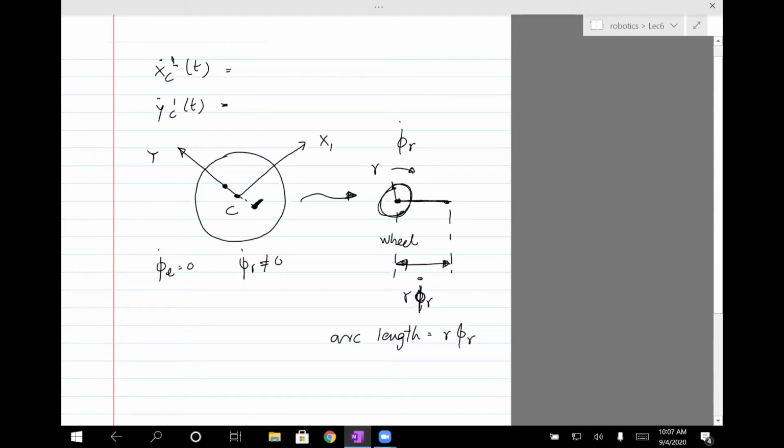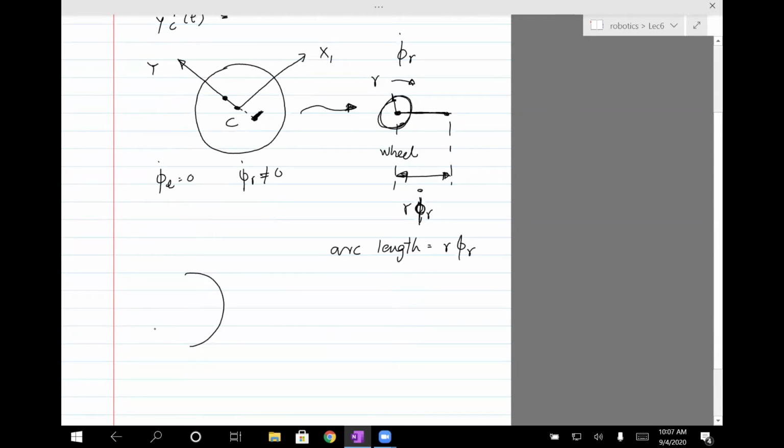Maybe a better way to show that is, let me redraw this. Let's say this is the initial point. This is phi r. Then we know that this distance, let's call that the arc length, is phi times the radius r. So the distance moved in the forward direction when the wheel turns by phi r, this is basically x, is going to be phi r times r.